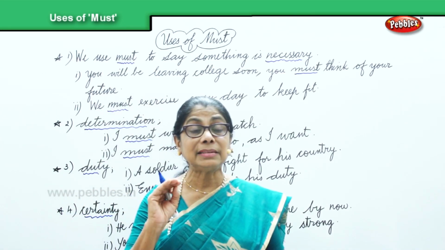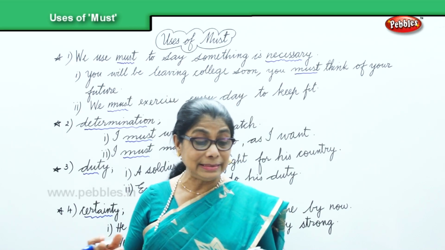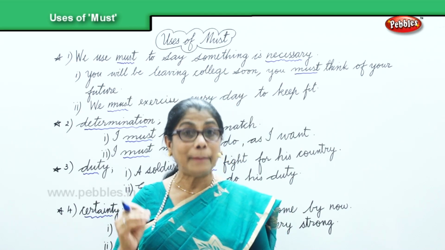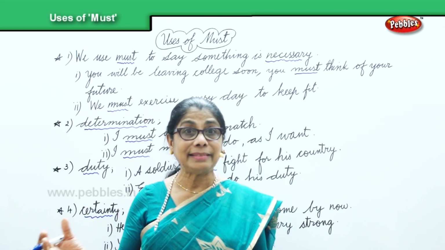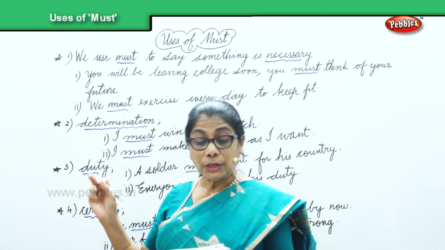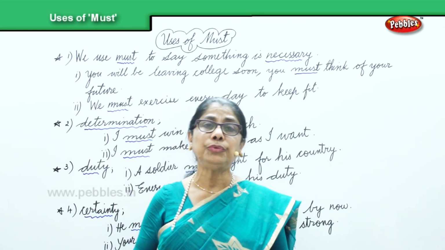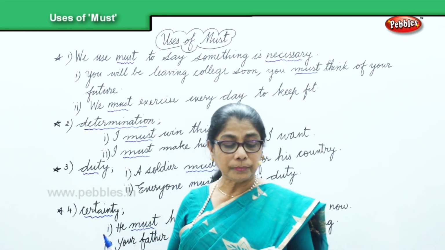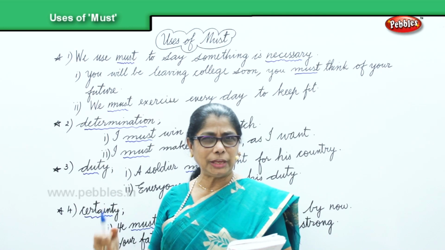So, must is used in four different ways in sentences. First, we use must to say something is necessary. Like, you will be leaving college soon. You must think of your future. We must exercise every day to keep fit.